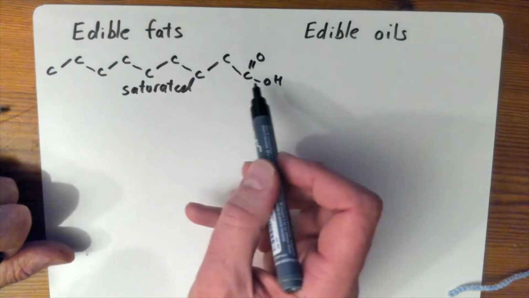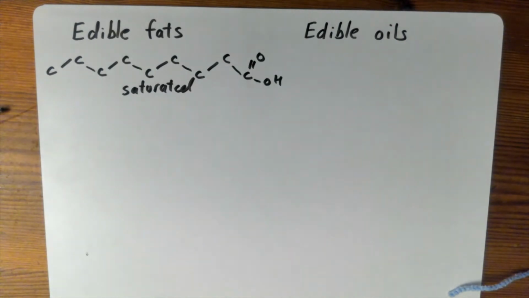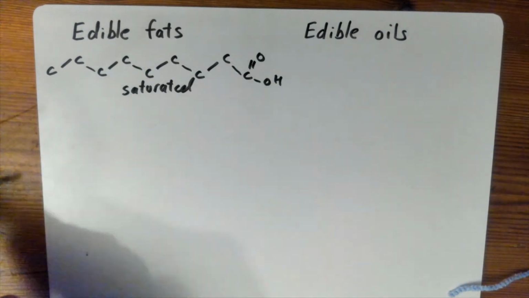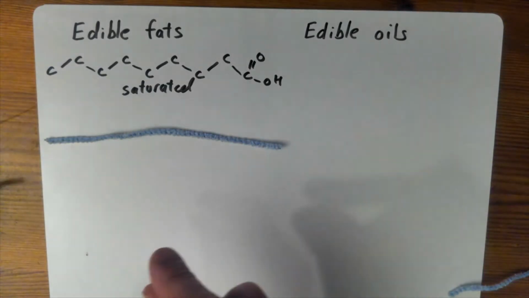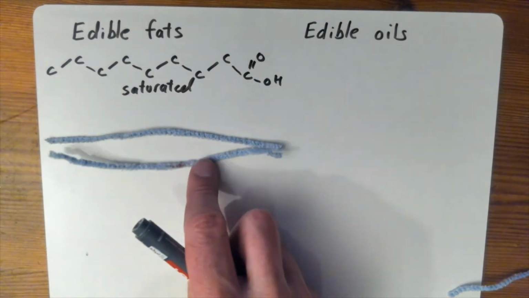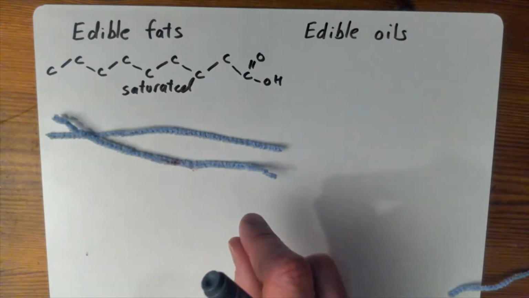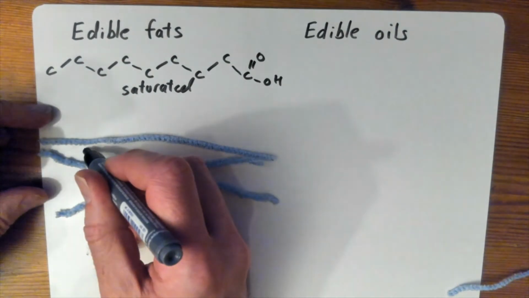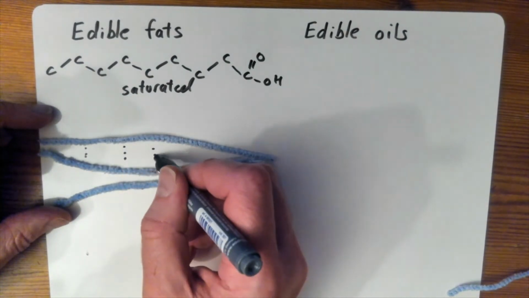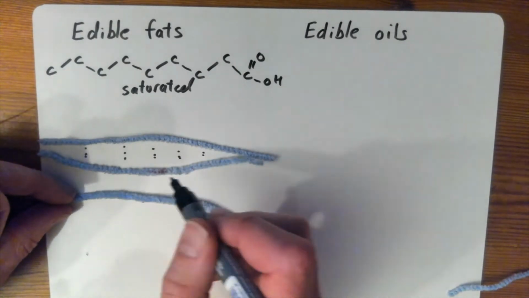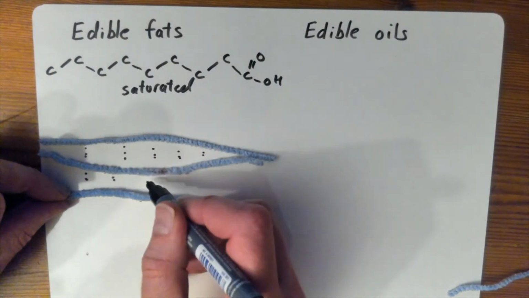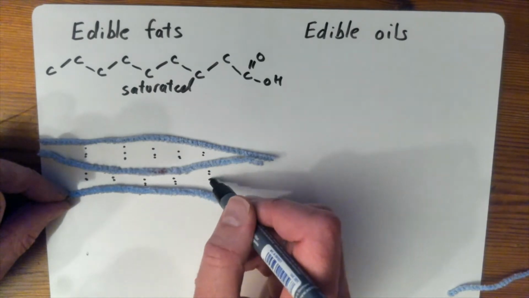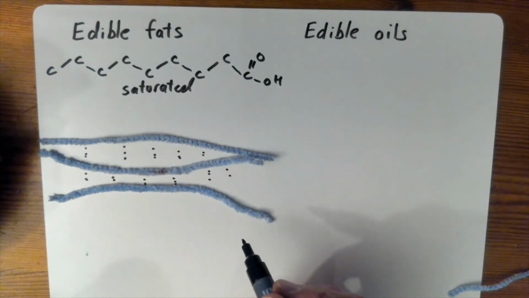You can see the molecule's fairly straight and linear, and this has implications for how the fats pack, because if the fatty acid chains are nice and straight, it means you can pack them quite closely together. Therefore, there's lots of overlap and therefore lots of intermolecular forces between the fatty acid chains.